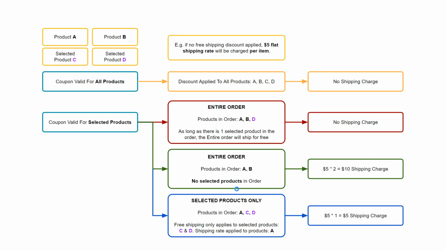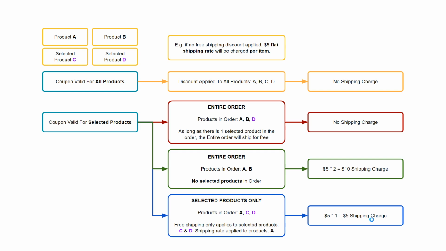In that case, if your order contains 3 products, A, C and D, A is not a selected product, so only C and D will enjoy free shipping. A is chargeable at $5 times 1 unit of A. It could be 2, but in this case 1 unit, so $5 will be charged for shipping.